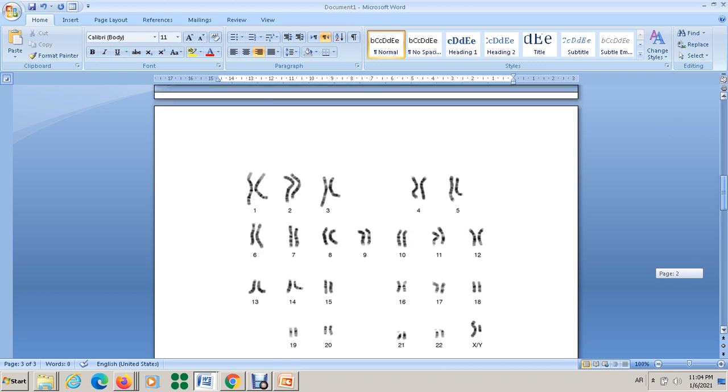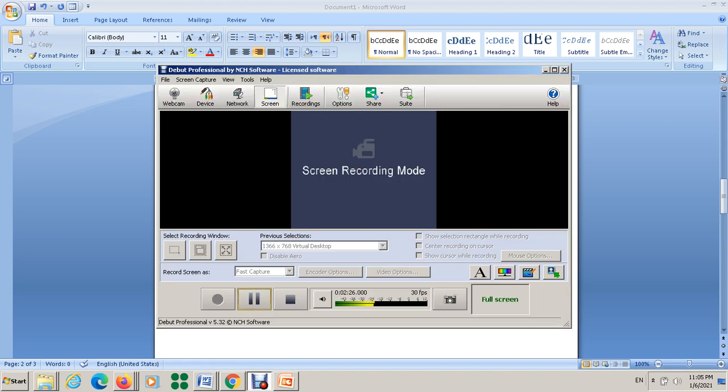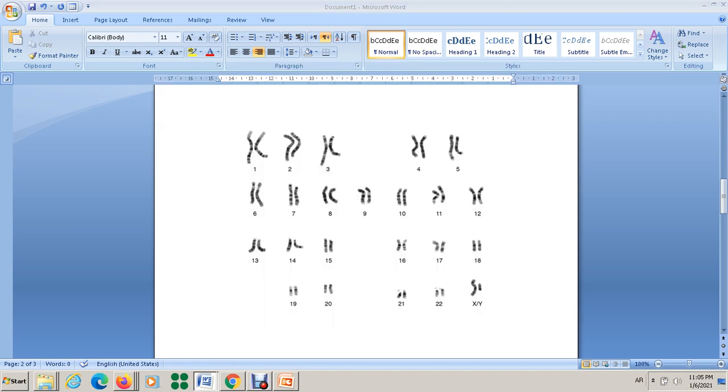Just to remind you from this figure, you remember this karyotype? We said all chromosomes are in pairs. Actually, each one of these chromosomes will be copied and make the X shape. Let's repeat it again.